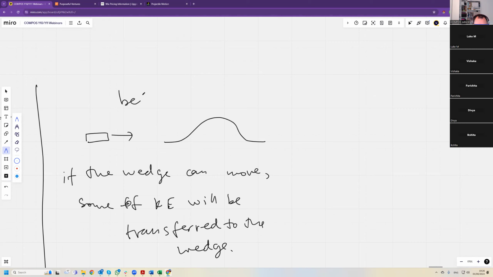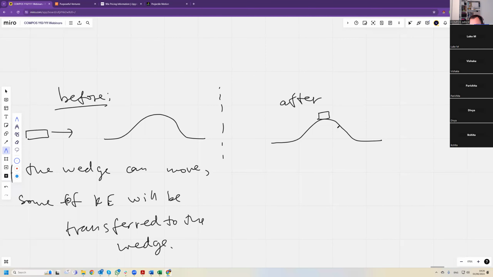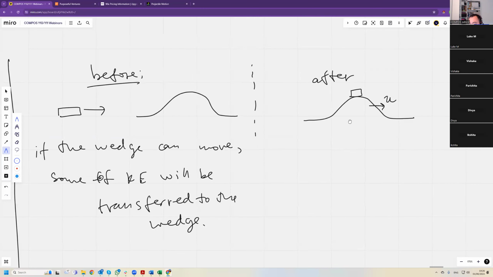This is the before, and then the after is when the mass is on top of the wedge and they're both moving at the same speed of u, for example.